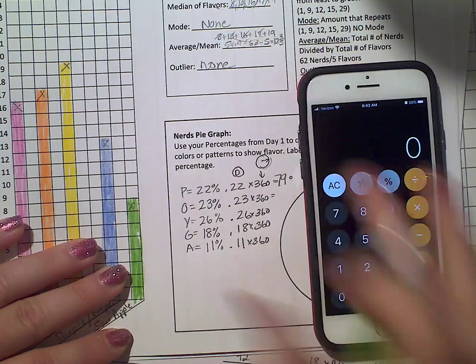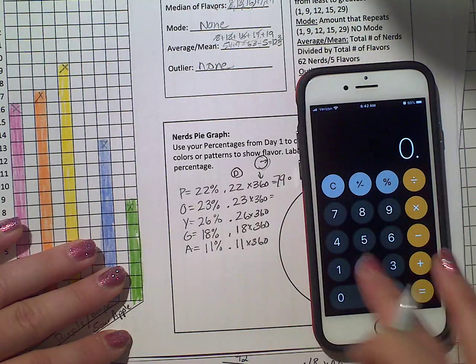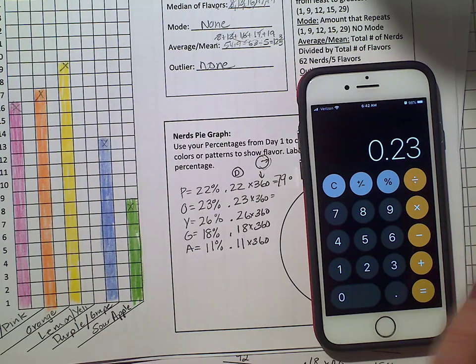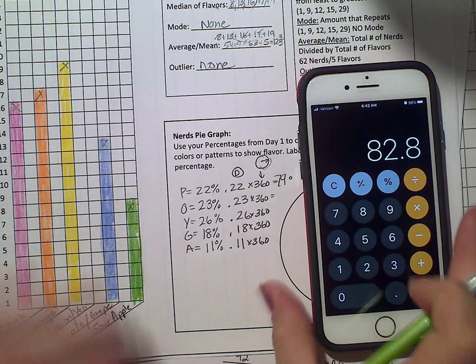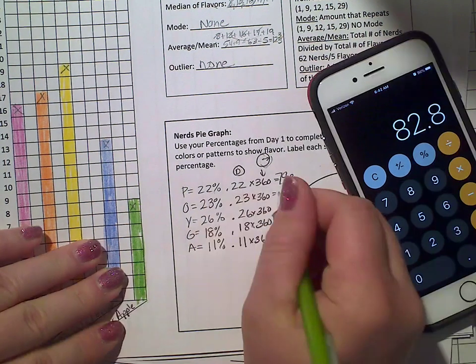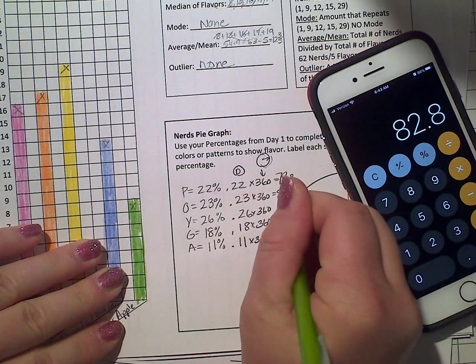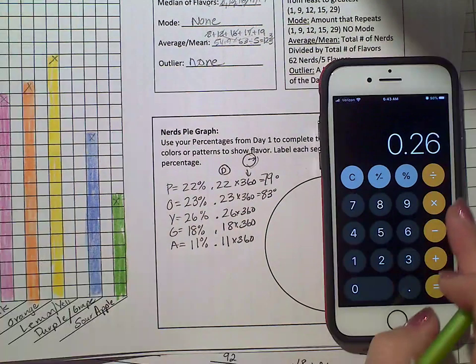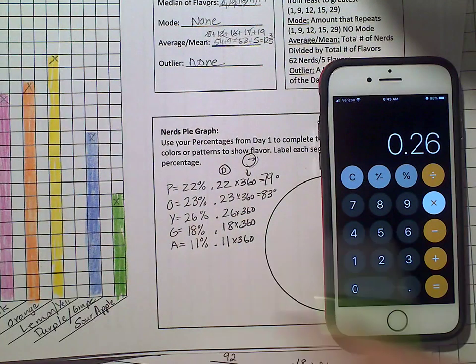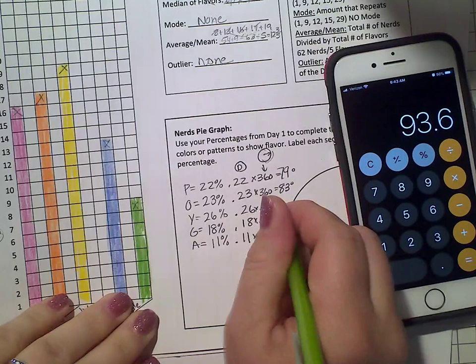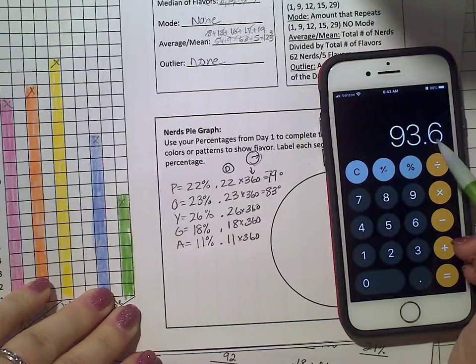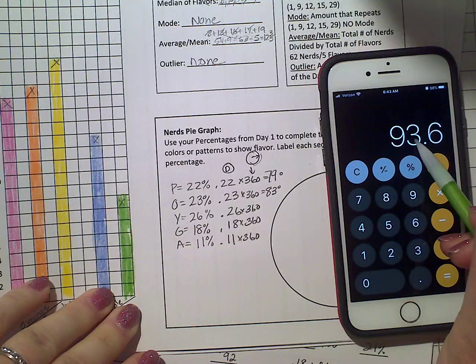Next, 23 hundredths times how many degrees in a circle? 360, which gets us to 82.8, so 83. Then times how many degrees in a circle? 360. 93 degree angle, but remember, I'm rounding up, so because that's bigger than a 5, this is going to make it 94.